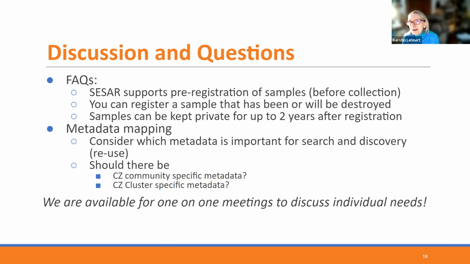But right now, for example, if you want to tag samples by cluster, or by site, the site is pretty obvious how you would do that, since it fits into metadata that are already there. But for the critical zone observatories, we've used the field program field, which in the marine world is the cruises.